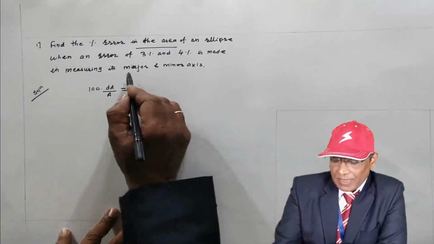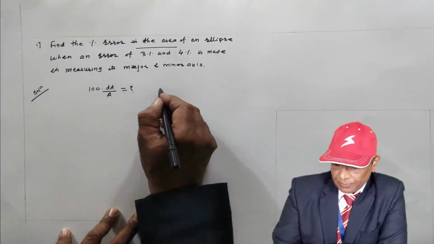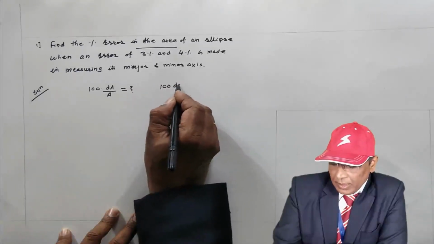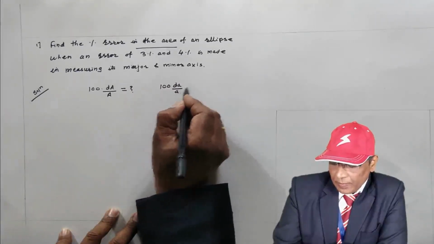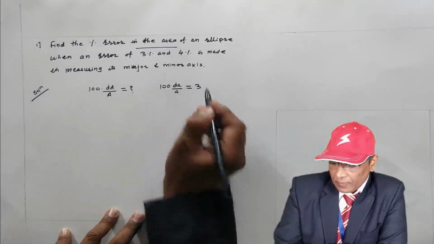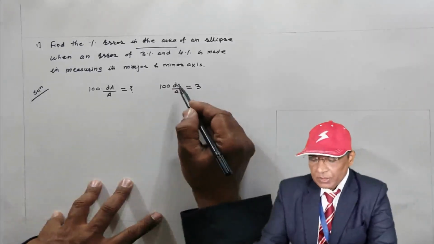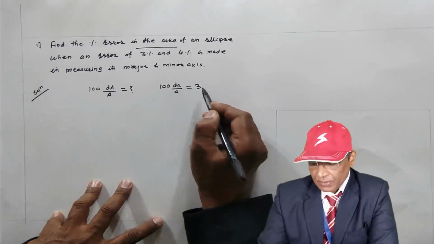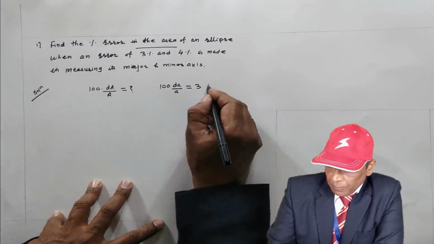If I denote the major axis by small a, then 100 da by a is 3. This is the percentage error in the major axis, which is given.